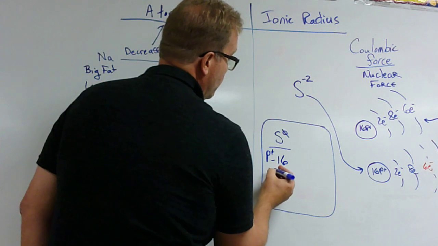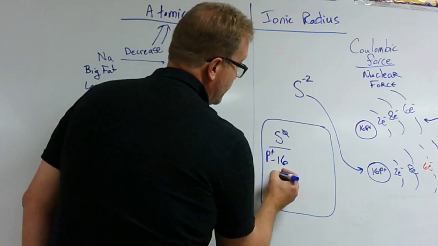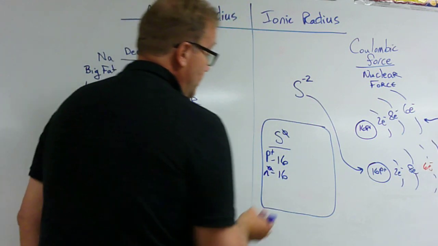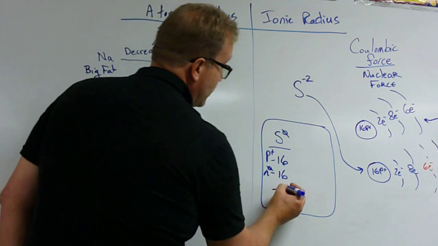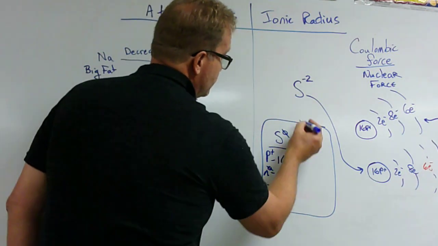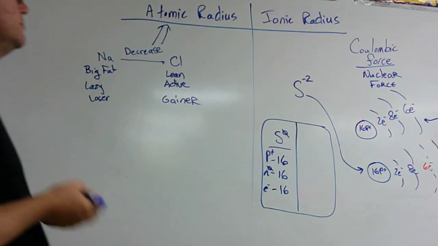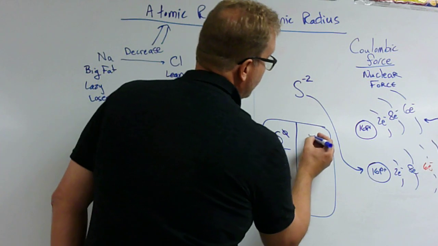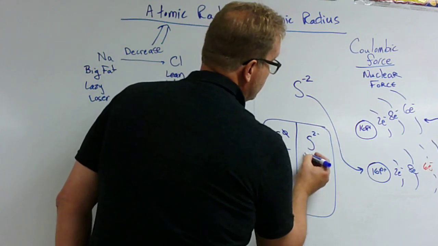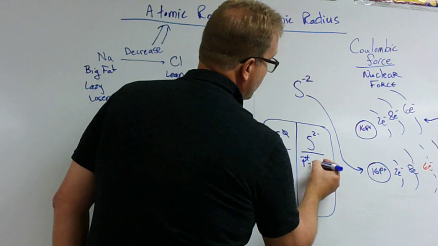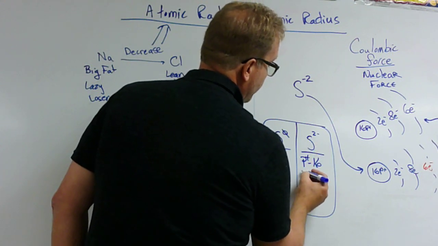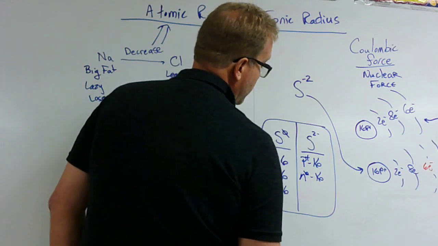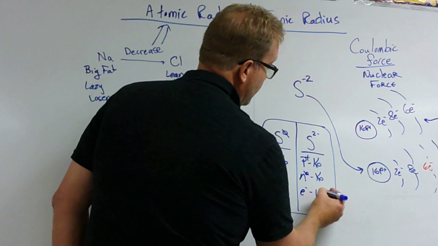So I got 16 protons, neutral charge, 16 neutrons because 32 minus 16 is 16, and then my electrons are going to be 16 because that's a neutral atom. What's my change here? Well, I've got S with a -2. I still got protons with 16, never changes. Neutrons, 16. Charge, -2. And now my electrons are 18.